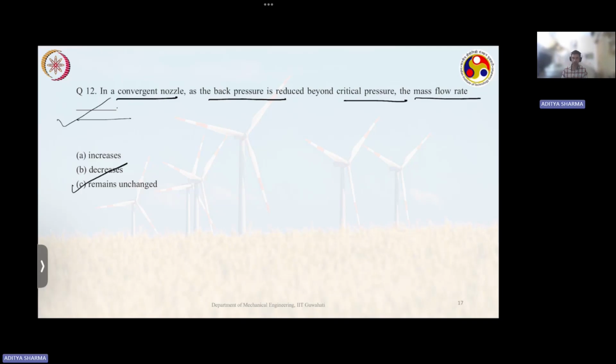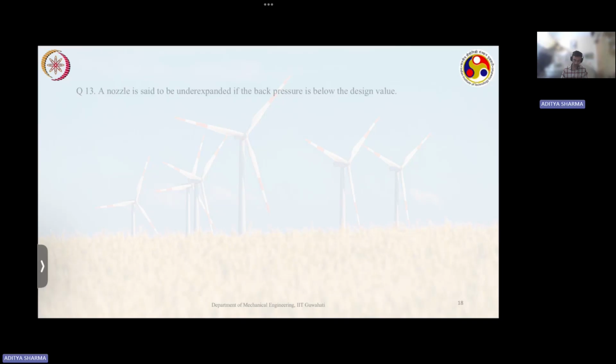So it will remain unchanged, because up to critical pressure only, if we reduce the back pressure, the mass flow rate will increase. But beyond that, there is no change in mass flow rate. Okay. So C is the correct option to this question.